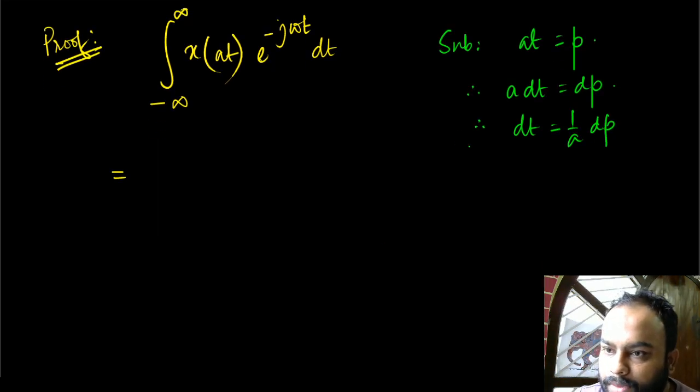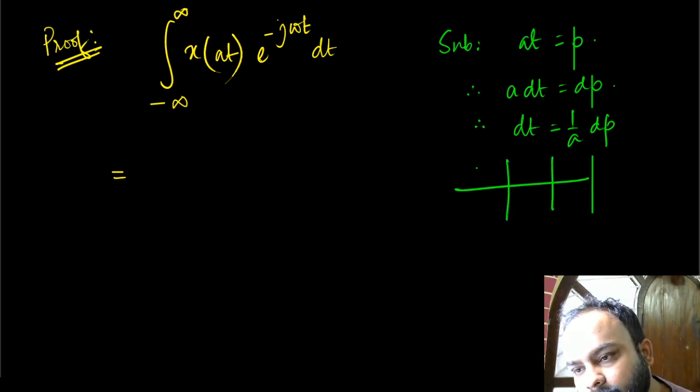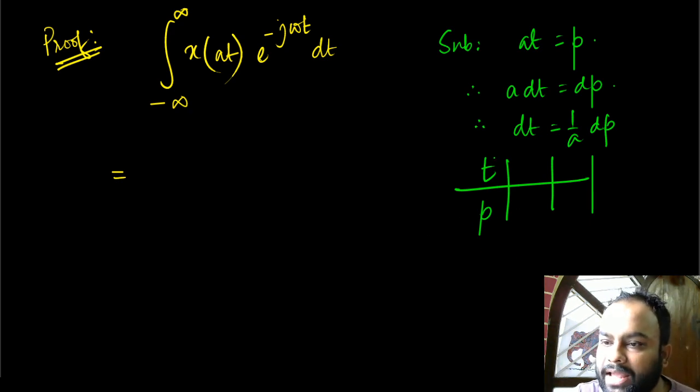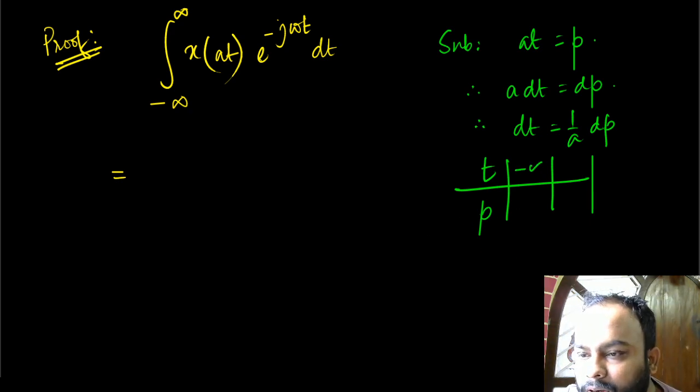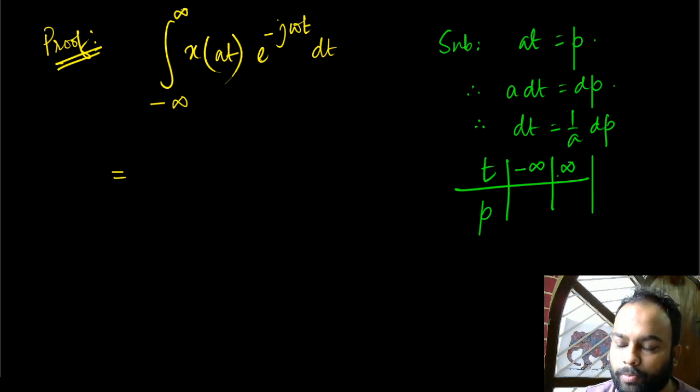With that said, the limits are going to be, so here this is t, this is p. Now the limits are varying from minus infinity to plus infinity.